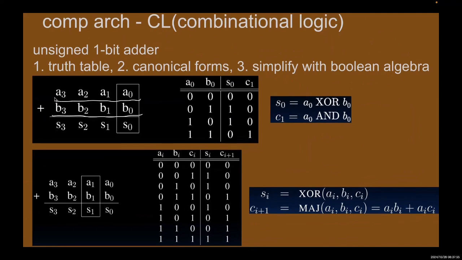So there are two 4-bit numbers, and 4 bits can represent 2 to the 4, which is 16 numbers, 0 to 15. We want to add them together.